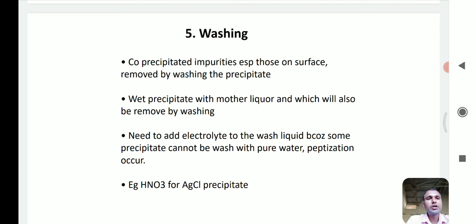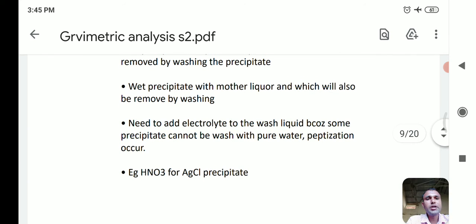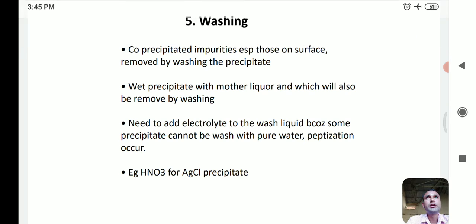We need to add an electrolyte to the wash liquid because some precipitates cannot be washed with pure water. So you require some other electrolyte, sodium chloride or potassium chloride, like that. So some electrolyte you require to purify. For example, HNO3 will be used for the AgCl precipitate.